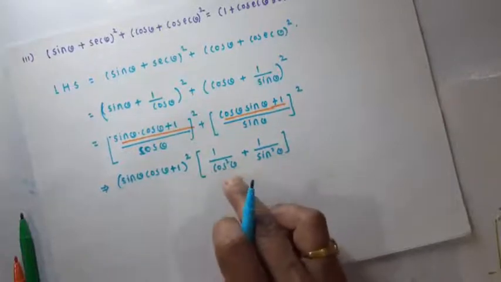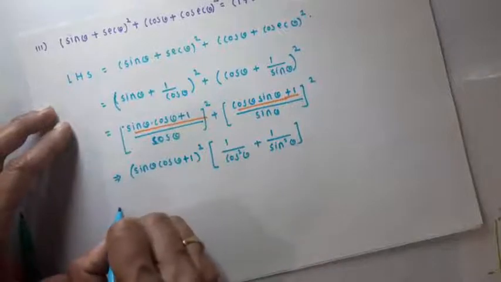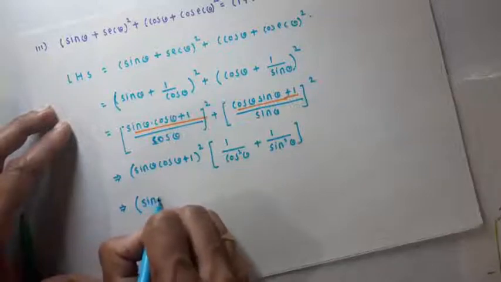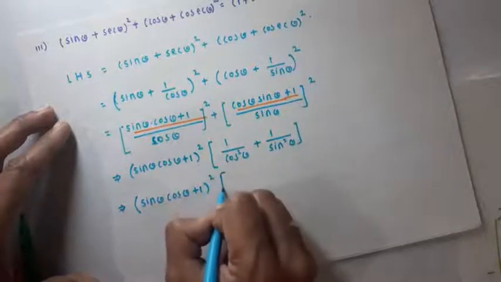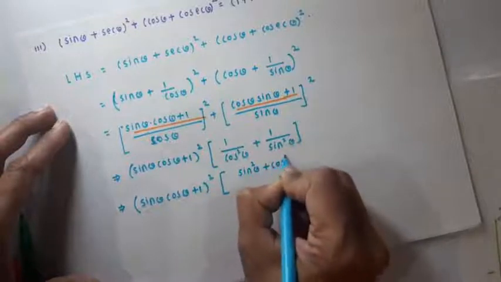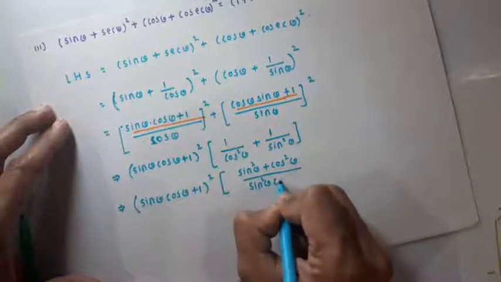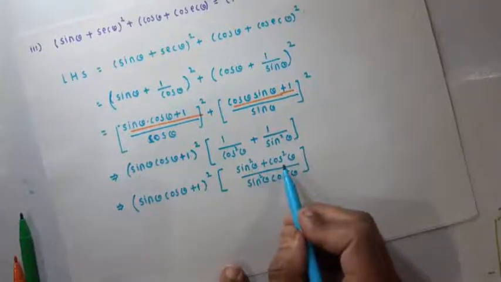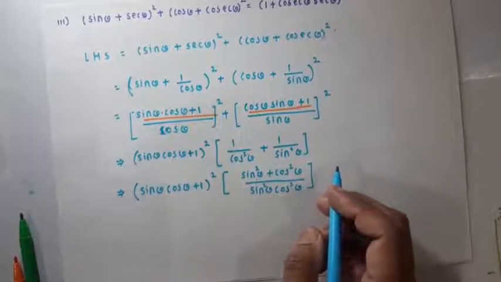Now again take the LCM in this step, and we get (sin theta cos theta plus 1) whole square, and this is (sin square theta plus cos square theta) upon sin square theta cos square theta. Again, sin square theta plus cos square theta is 1 by using the trigonometric identity.